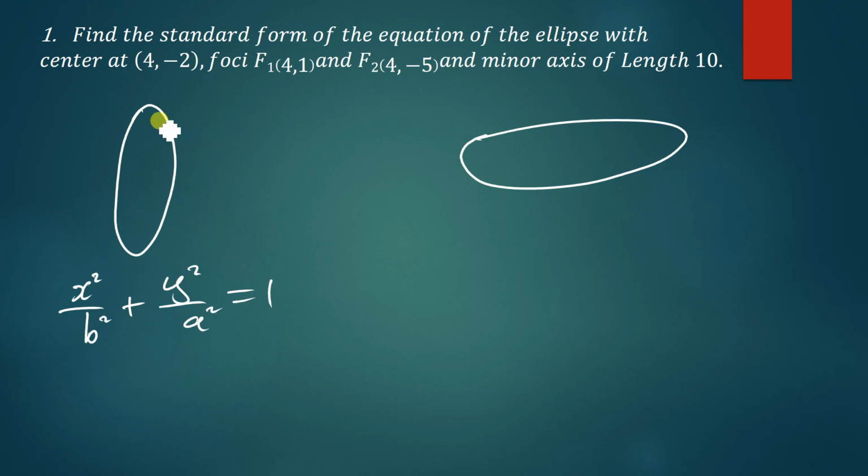Or you say the major axis is parallel to the y axis. The major axis is the longest distance in this ellipse. So if the major axis is parallel to the x-axis, then you expect the value of a to be under x.